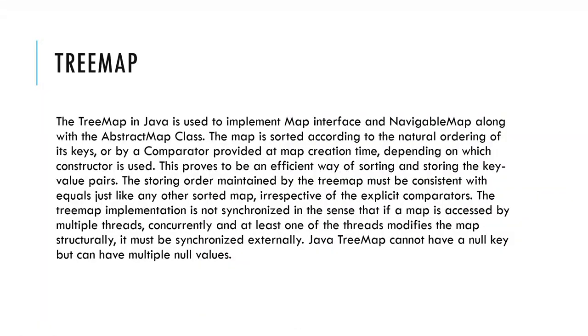The tree map is the mainly used sorted map and navigable map implementation. In this case, the map is sorted according to the natural ordering of its keys. It is stored as a binary tree in Java. When we store something in the tree map, it will take some time.